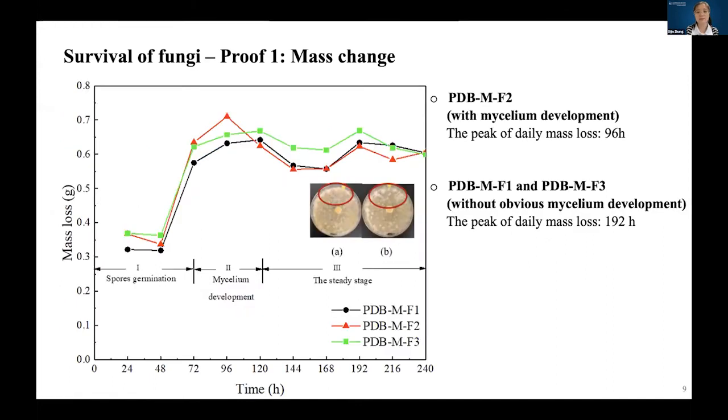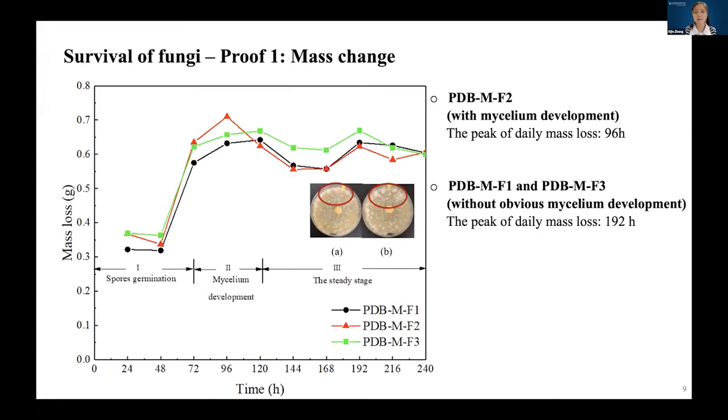Next, we compare the mass change in the PDB MF group. In this group, there are 2 situations. For number 2, we can observe mycelium development. For number 1 and number 3, we can't see obvious mycelium development.